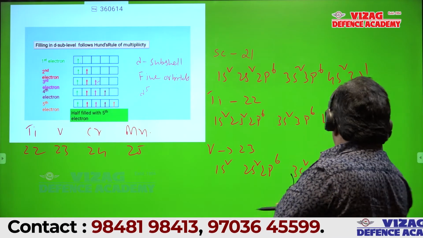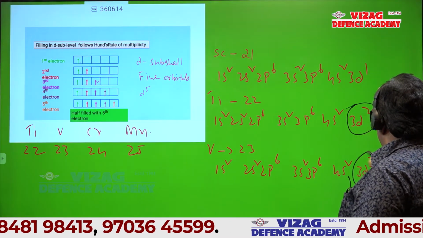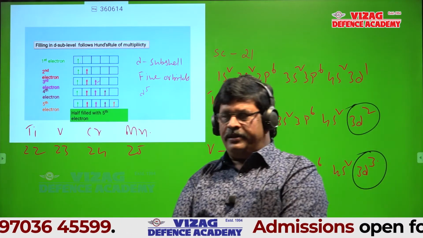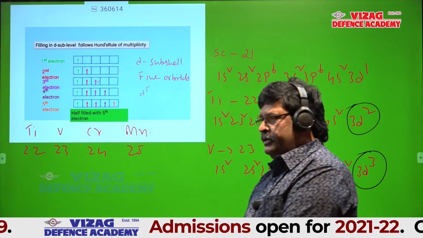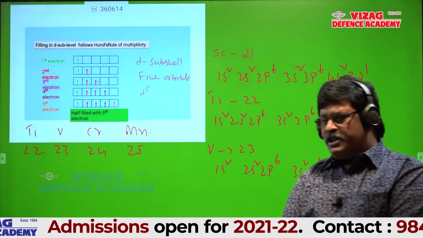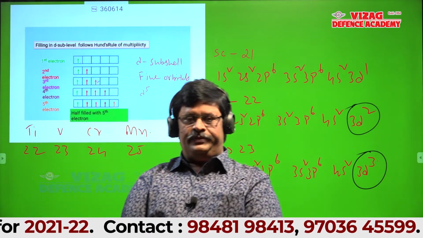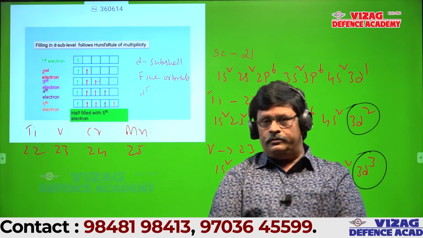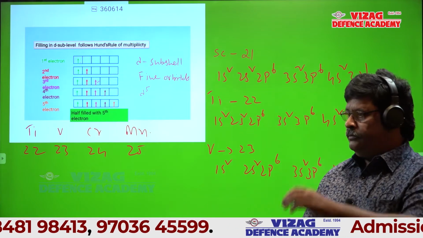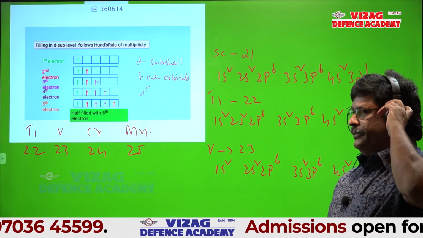Okay. Now, can you tell how many unpaired electrons are there in vanadium? Degenerate orbitals means orbitals having the same energy. Okay, now? Sir, your voice is not clear.